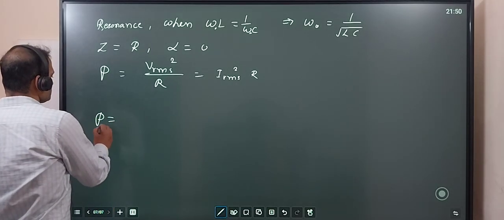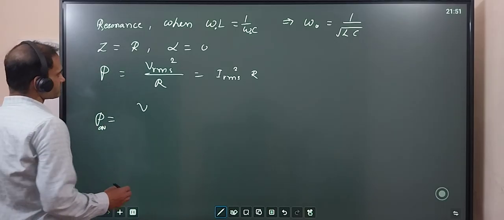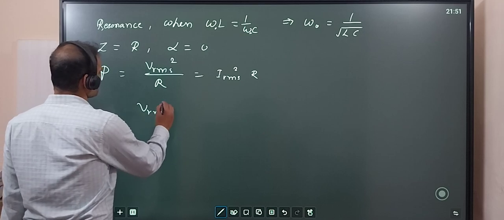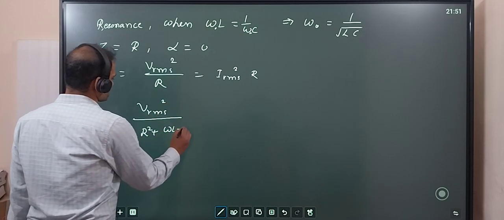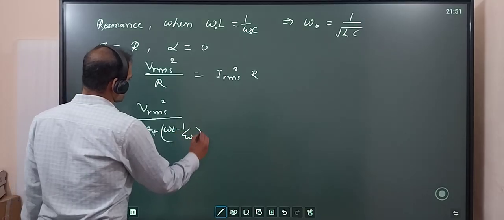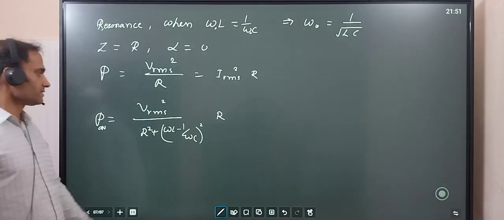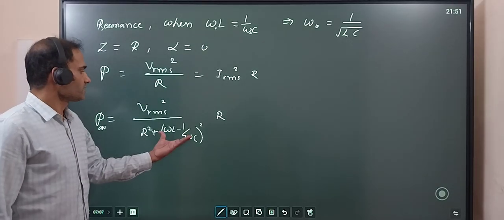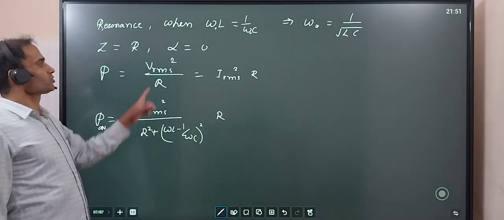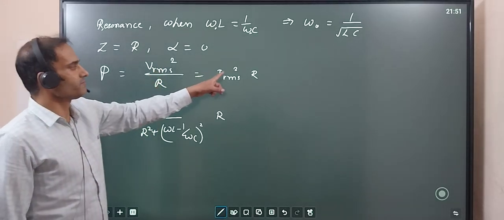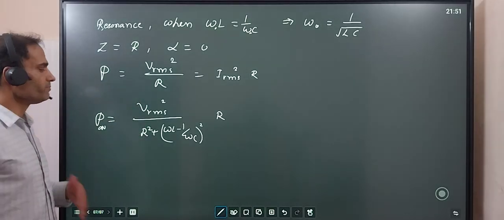I will write the thing again. So you can see that in this particular case this part will become 0, and it will simply become VRMS the whole square by R, or IRMS the whole square into R. That means it will give you maximum power.